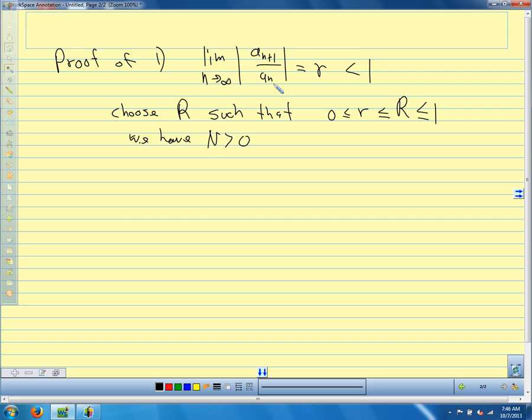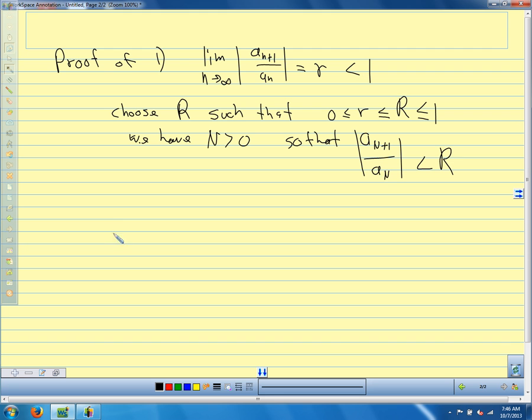So when I get past this value of n for my terms, a sub n plus 1 over a sub n is less than r for n greater than or equal to this value. So we can just pick some number that this ratio is less than. That's our definition of a limit.